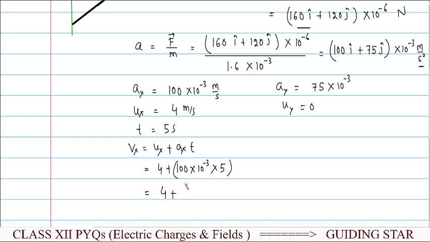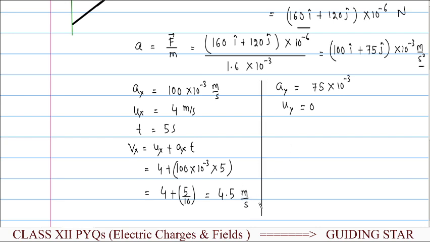So 5 into 10 to the minus 1, or 5 upon 10, so 1 by 2, 0.5. That means it will be 4.5. Here the final velocity we are getting is 4.5 meter per second.